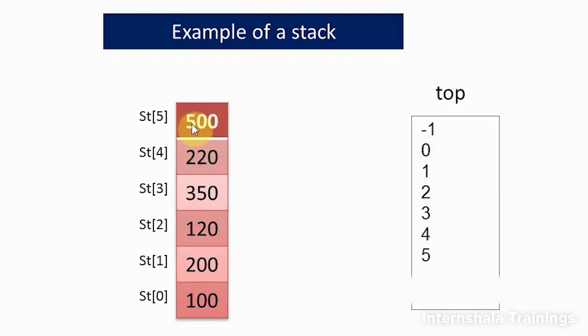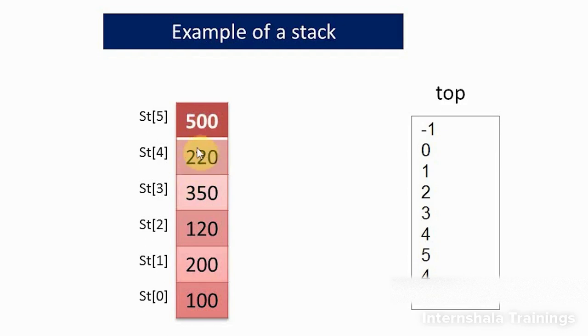So the element that I can pop is only the element at the location ST5. Suppose I have removed 500. So let's assume 500 is not there. After removing it, the value of top will be decremented by 1. Okay, 500 has been deleted.